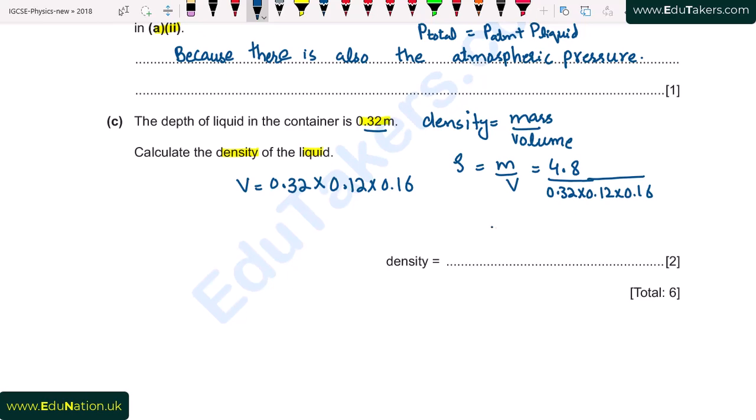So when we do the calculation, the density comes to be 780. And the unit of density is kilogram per meter cube, because mass is measured in kilogram and volume is measured in meter cube. So I write here kilogram per meter cube. Density will be equal to 780 kilogram per meter cube. So this is the density of the liquid.